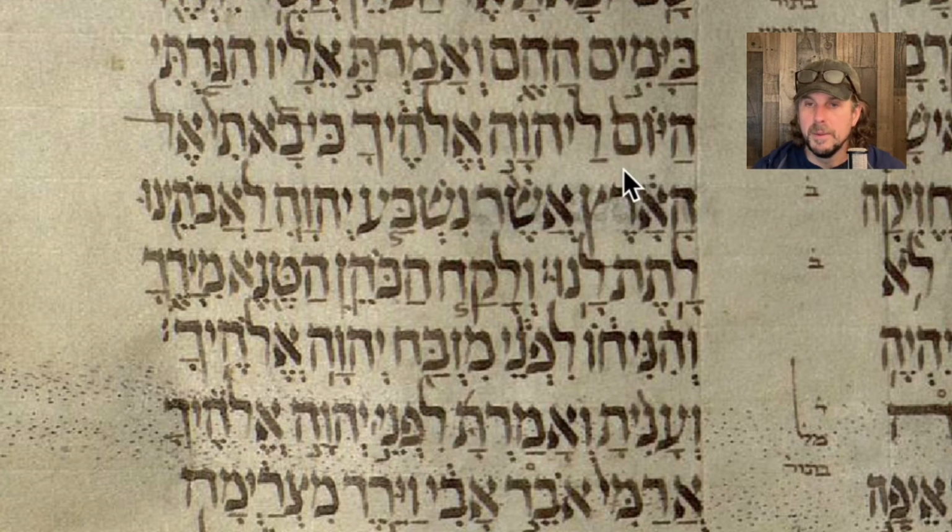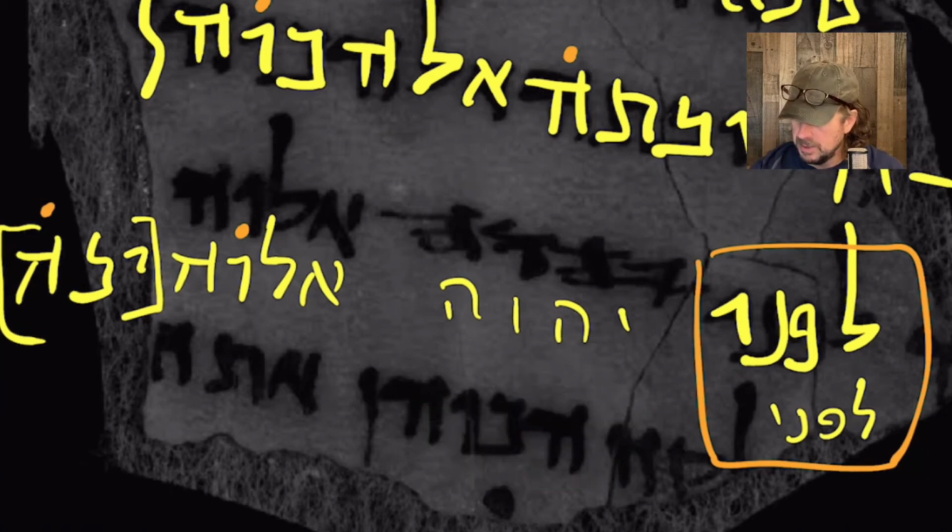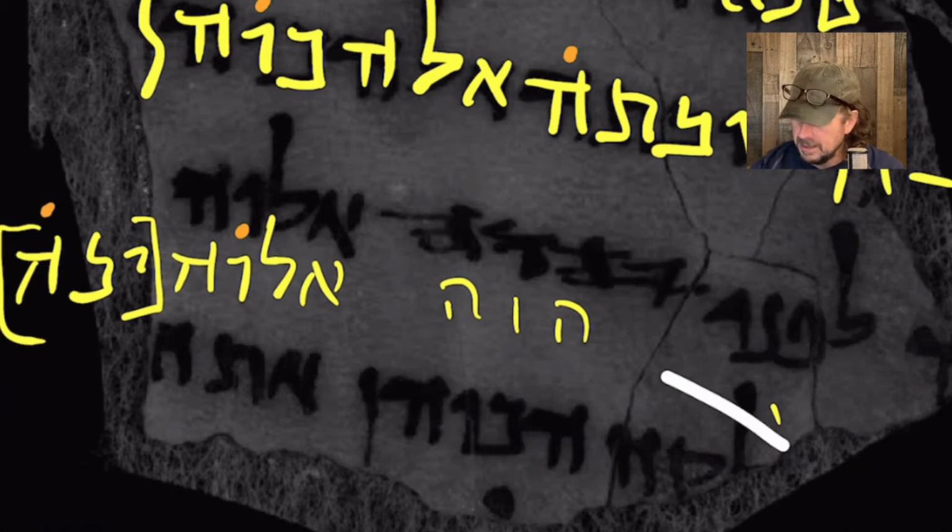So where the Masoretic text has Ladonai Elohecha, the Qumran text says Lifnei Adonai Elohecha, completely new word added. Now they're both prepositions. Lifnei means before. It can mean spatially or temporally. Here it is probably spatially that is intended.